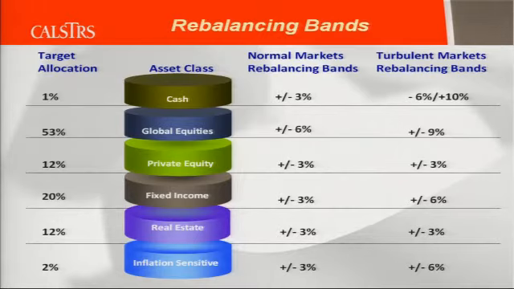What we're going to bring to you as a proposal for your consideration is that we create another set of rebalancing bands. In essence, when the market is turbulent, we have more freedom in the portfolio in terms of rebalancing. We'll address that at the next presentation.